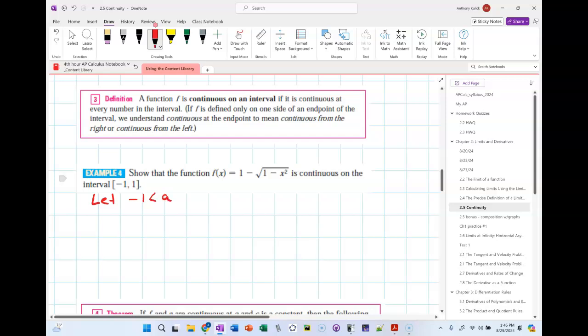I'm going to say A is just some number between -1 and +1. I'm not counting the endpoints of my interval, but A is something everywhere in between. Everybody's cool with that? So all I'm going to do then is check the limit as x approaches A.